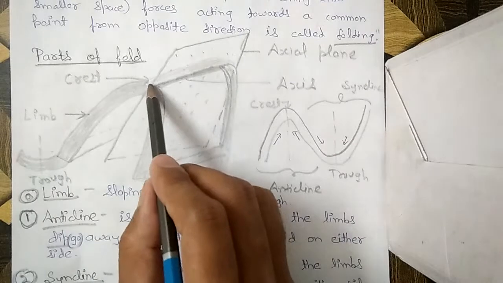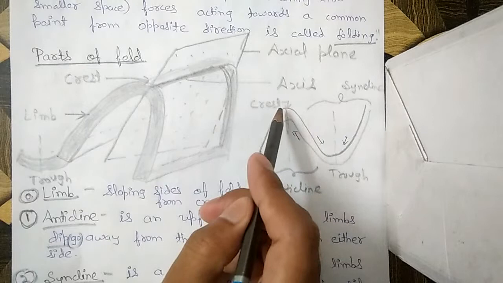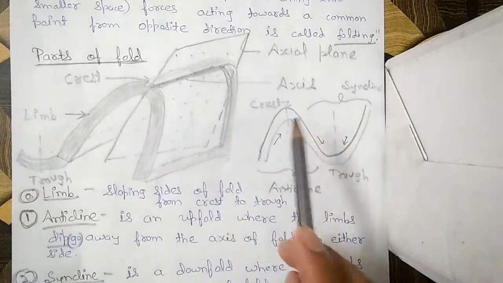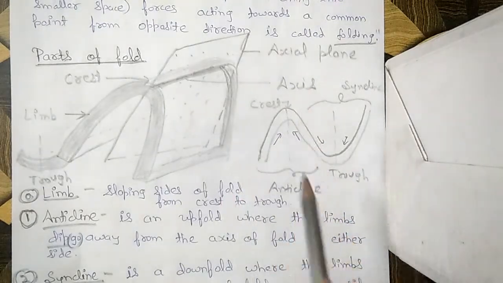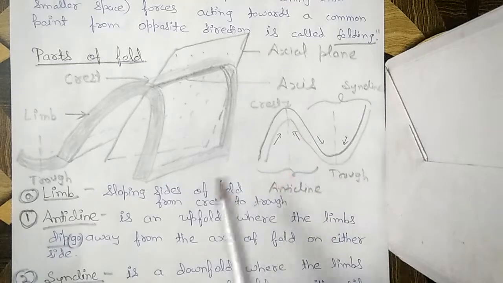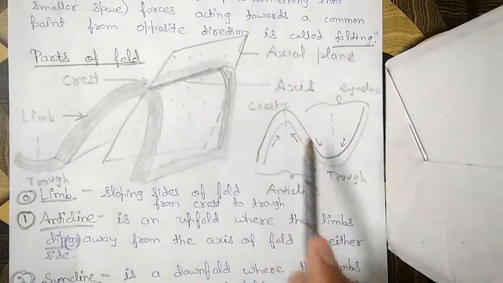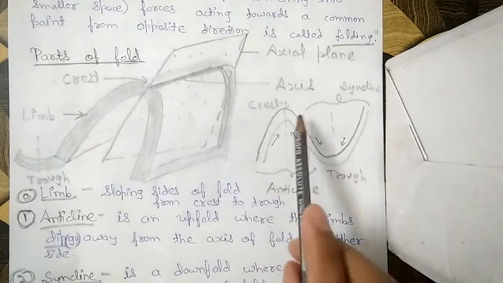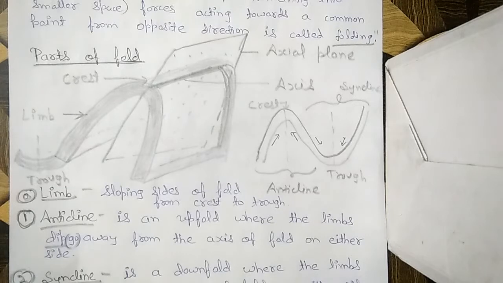For the time being, just learn that this part is called a crest, and this is called a trough. Sloping means inclining downwards. So this is a limb, and from this crest to here will be one more trough, so this is another limb. Sloping sides of a fold are called limbs. So this was the definition of a limb.